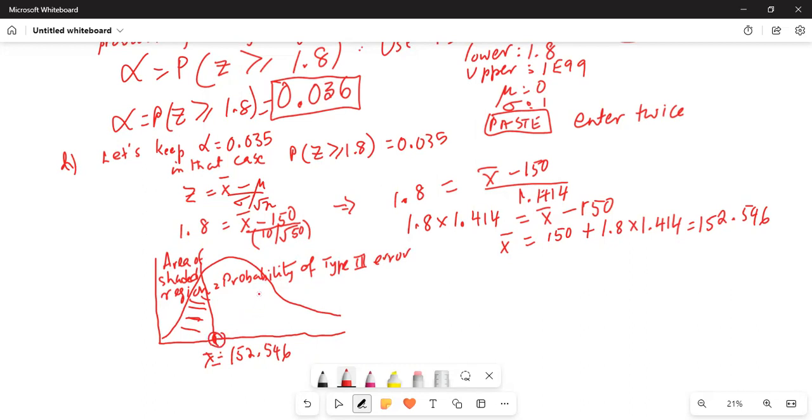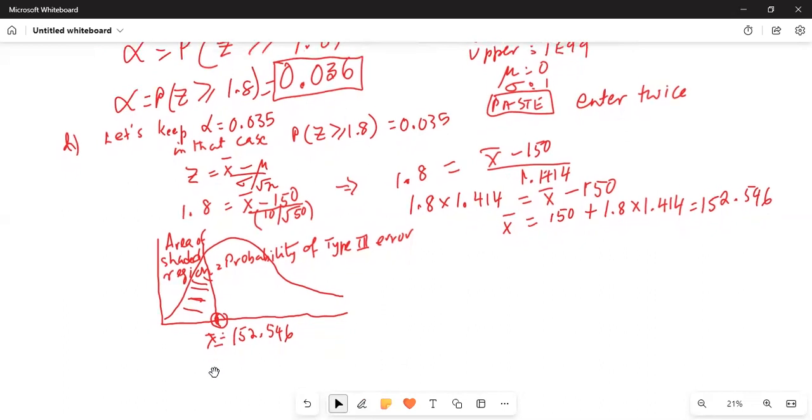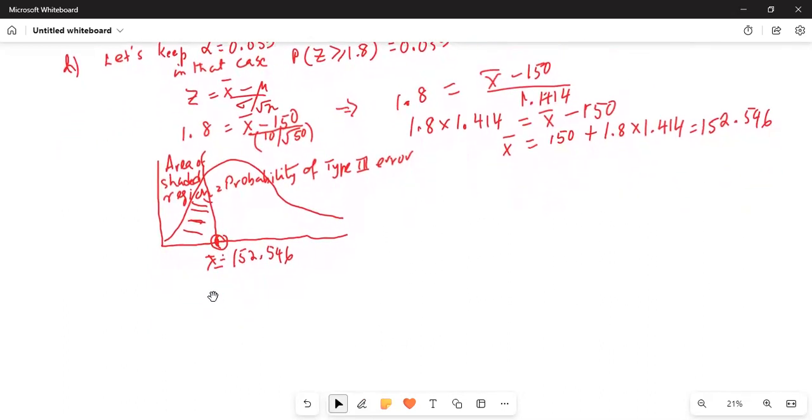So now they have given us, if I go a little bit up, in part D, the actual mean is 160.